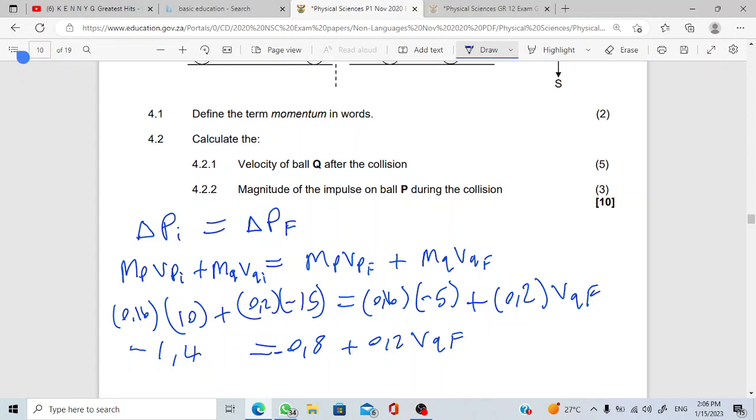I just simplified the calculations. Now I'm going to transpose 0.8 to the other side. So negative 1.4 plus 0.8 gives negative 0.6, which equals 0.2 VQF.